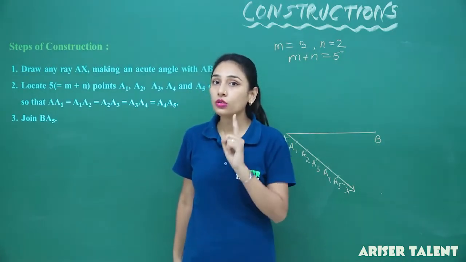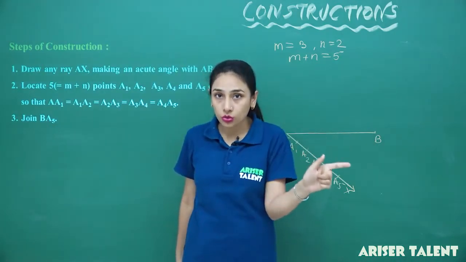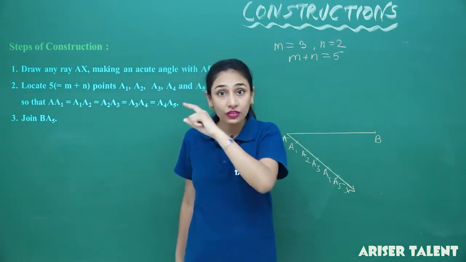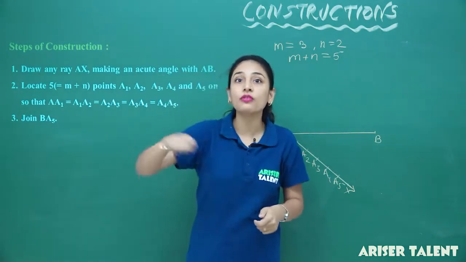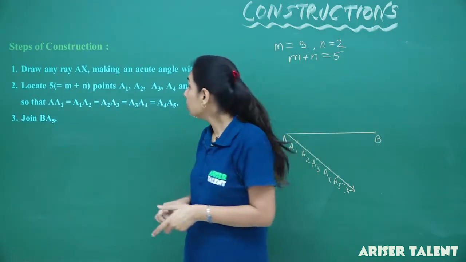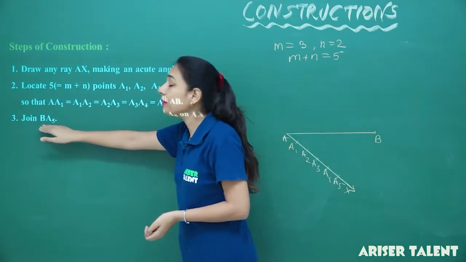If you are not using your geometry box, pause this video right now and go get your geometry box and do it with that only. Don't do the rough work here. It will give you practice. So, talking about it again, join B, A5.